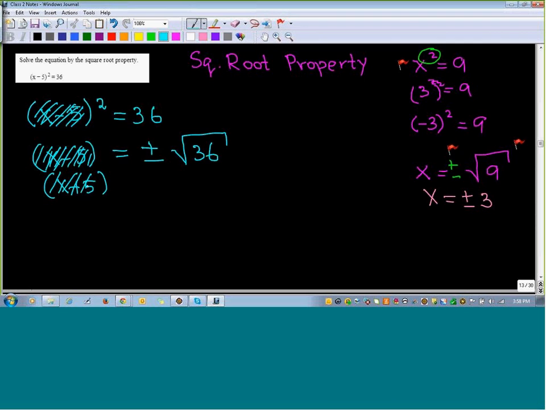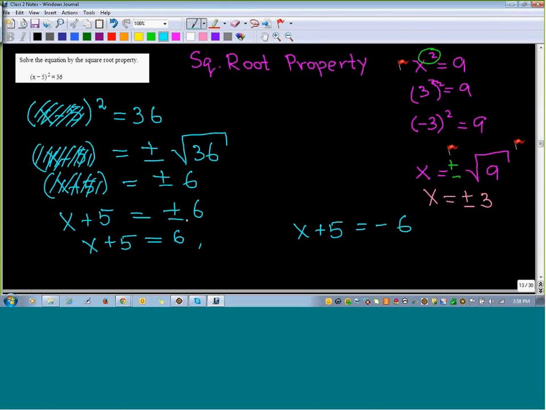When I scratched this out, it looked to me like plus 5, but it was minus. Let's redo this. Pay attention to the chart, because I know I have students that always make this mistake. So it was x minus 5 equals 6, or x minus 5 equals negative 6.